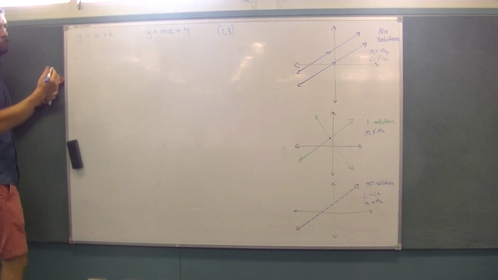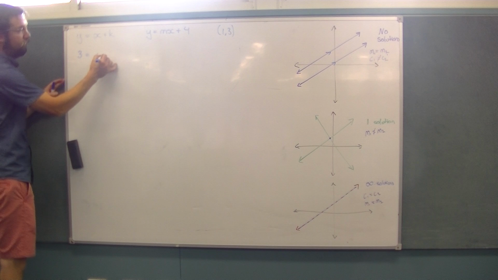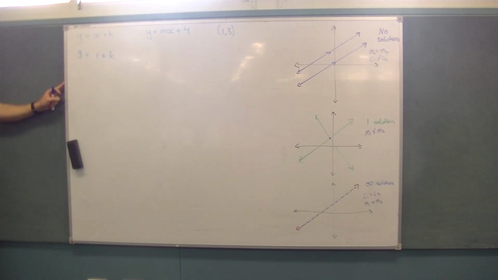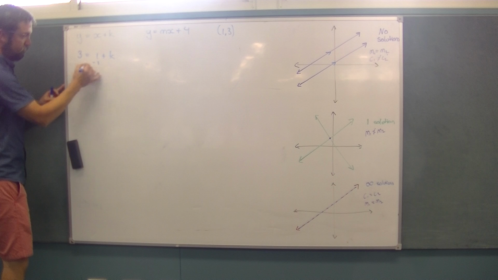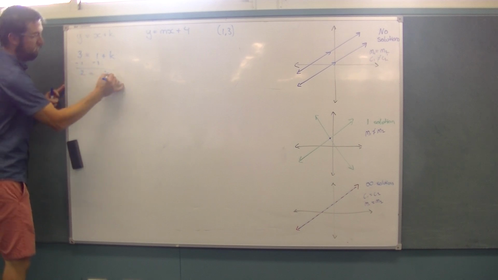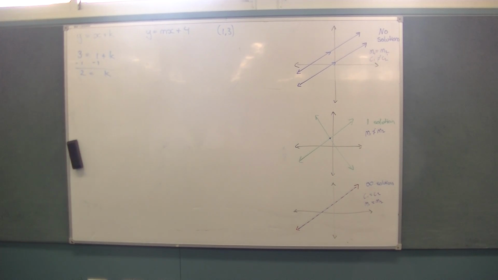What I did is I substituted the coordinates in. And then I moved the 1 across and it became 2. K is 2. That's pretty simple. Knowledge is you know the point that the line goes through, so you can sub it in for the x and y values. Alright? How would you find m in that one?